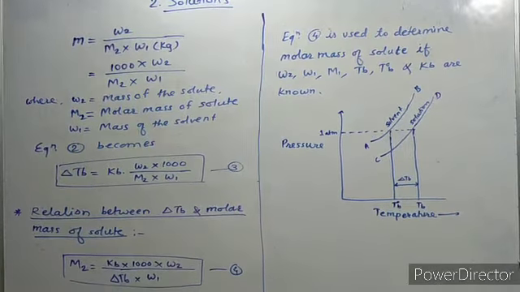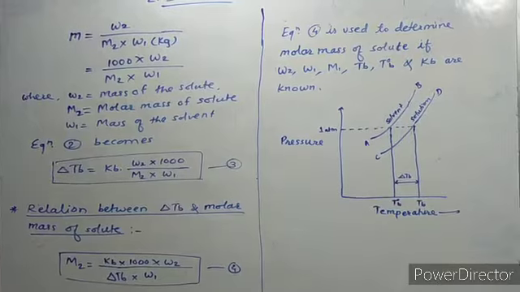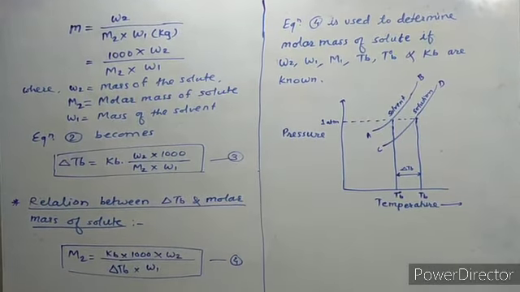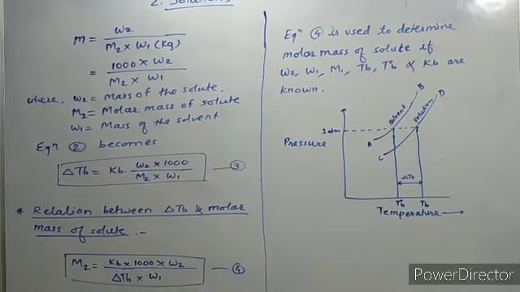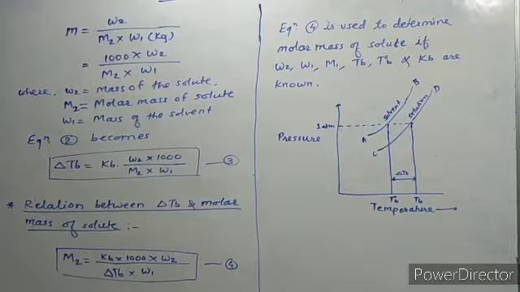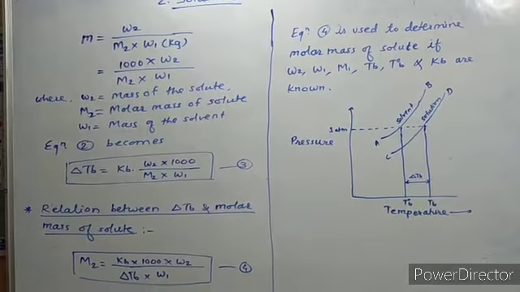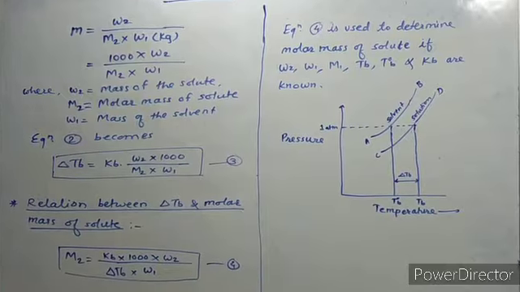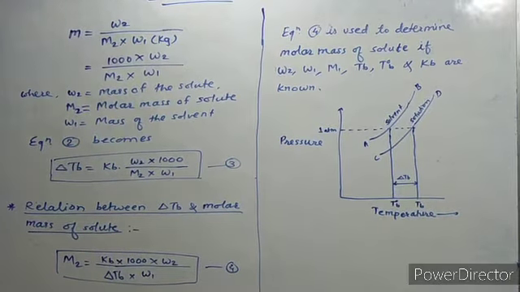The next point is the relation between the boiling point elevation and the molar mass of the solute. By rearranging equation 3, we get M2 equal to Kb into 1000 into W2 divided by delta TB into W1. That is equation 4.